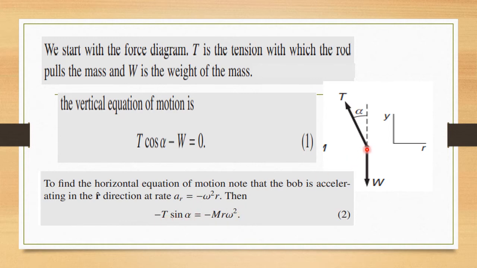The force is T sin alpha, which is opposite to r: r is towards the outward direction, and T sin alpha is towards the negative r direction. So the equation becomes minus T sin alpha is equal to m a_r, that is, minus m r omega square. This is the horizontal equation of motion for the bob. So this is the vertical equation of motion, and this is the horizontal equation of motion.